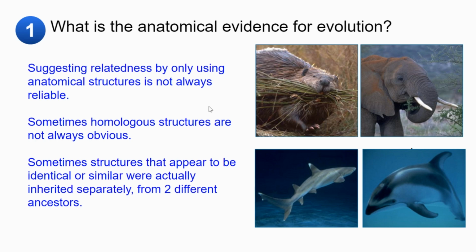They evolved these features separately at 2 different points in time from 2 different ancestors. Instances like this can really trick evolutionary biologists into grouping organisms together on an evolutionary tree that shouldn't be. This is mainly why anatomical evidence is not extremely reliable if it's used alone to explain evolutionary relationships.